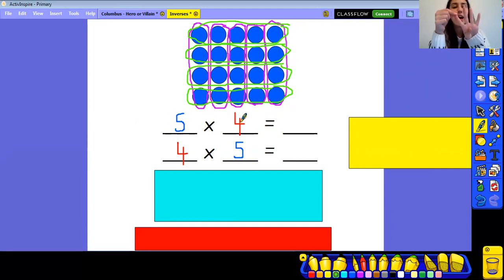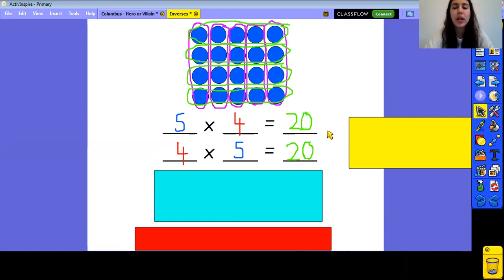So I would say 5, 10, 15, 20. Do I need to work it out again here and count again? No, because my product is the same here. Lovely. So now I've got my 2 commutative multiplication equations.